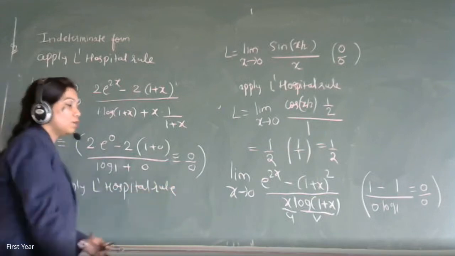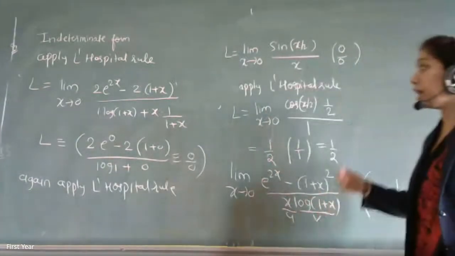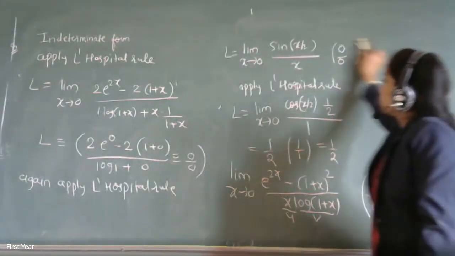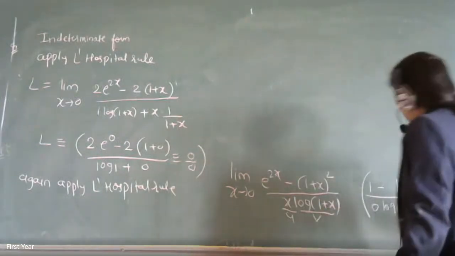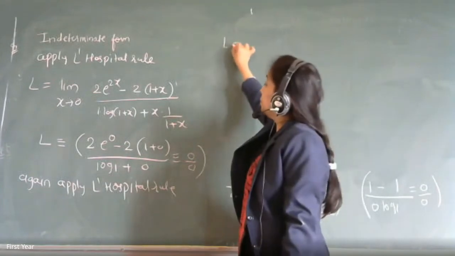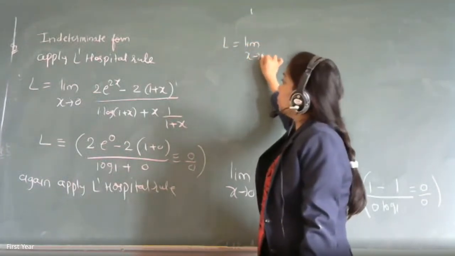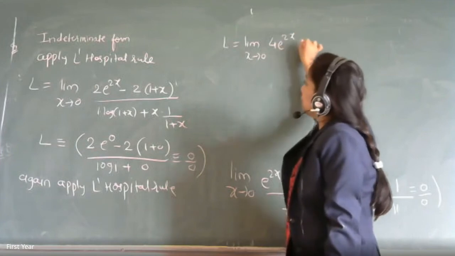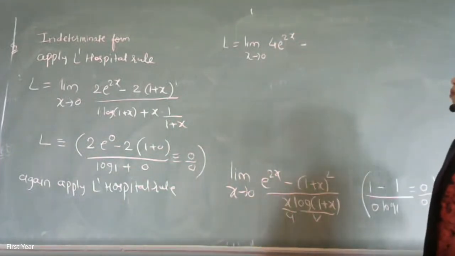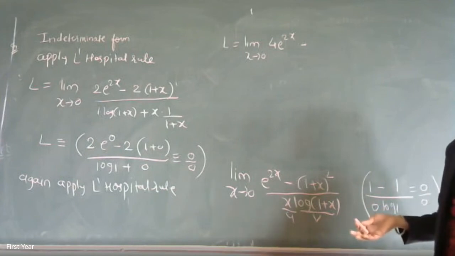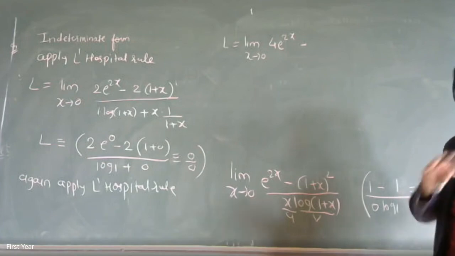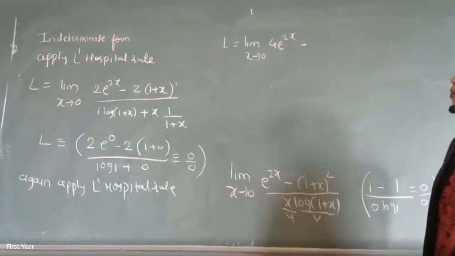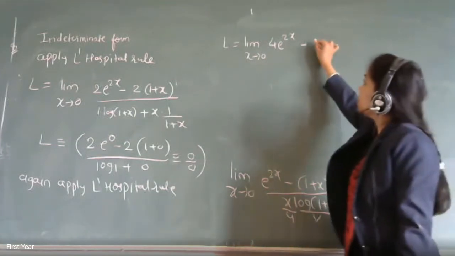If you apply this once again, you have to take one more time the derivative of the numerator. So what is the derivative of the numerator? L is equal to limit as x tends to 0, 4 e raised to 2x minus. Is it okay? How did you get 4? 2 as it is, e raised to 2x, the derivative is 2 e raised to 2x. So 4 e raised to 2x. Okay? Yes, ma'am. Fine. So then what is the derivative of minus 2 into (1 plus x)?